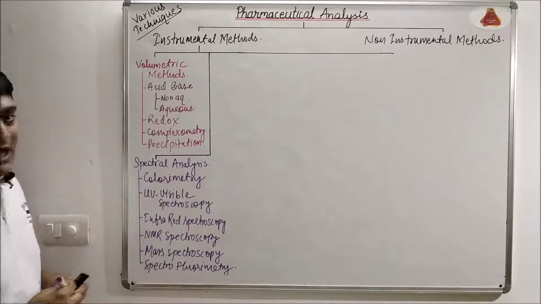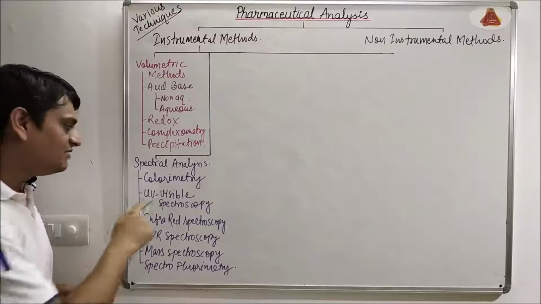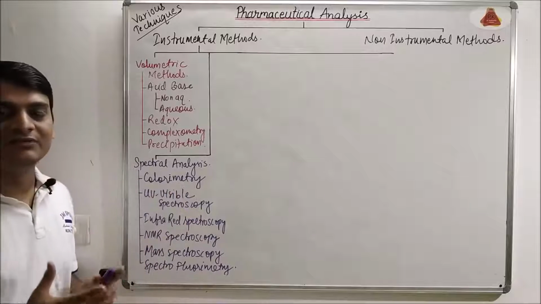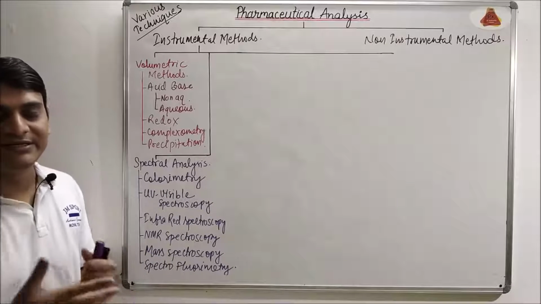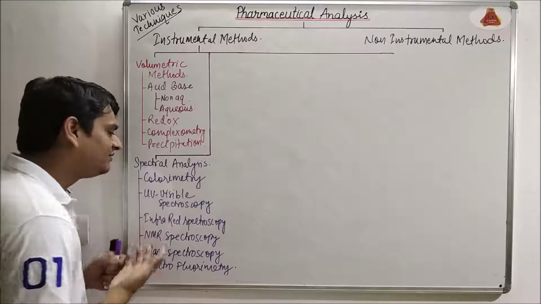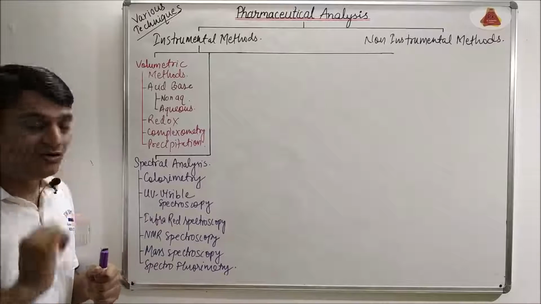So these are the different types of spectral analysis. First one is colorimetry. Colorimetry will cover the visible range, that is 400 to 800 nanometer. Colorimetry will measure the absorbance of a particular compound.